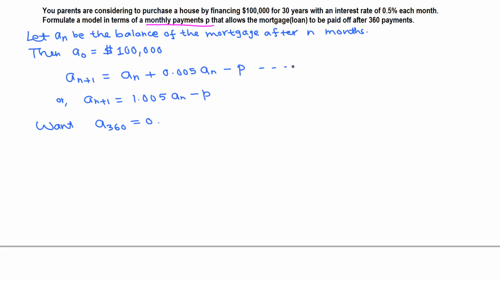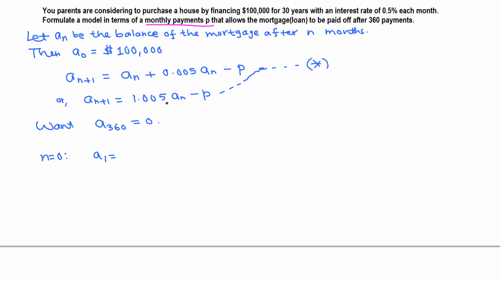Now let's work on this to determine the value of P. We know A_0, and we also know A_360. If we take n equals 0 into this equation star, we get A_1.